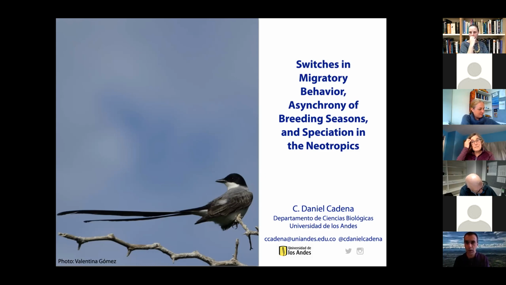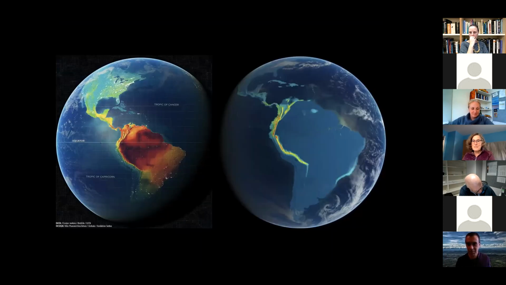So of course I live here in Bogota, Colombia. I'm very interested in diversity in the tropics. Colombia is the country with the highest diversity of birds worldwide. We have nearly 2,000 species, and I'm very interested in understanding the causes of mega diversity.